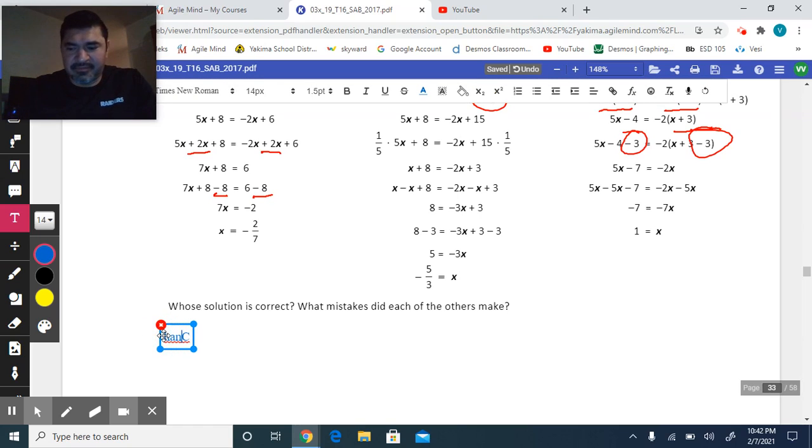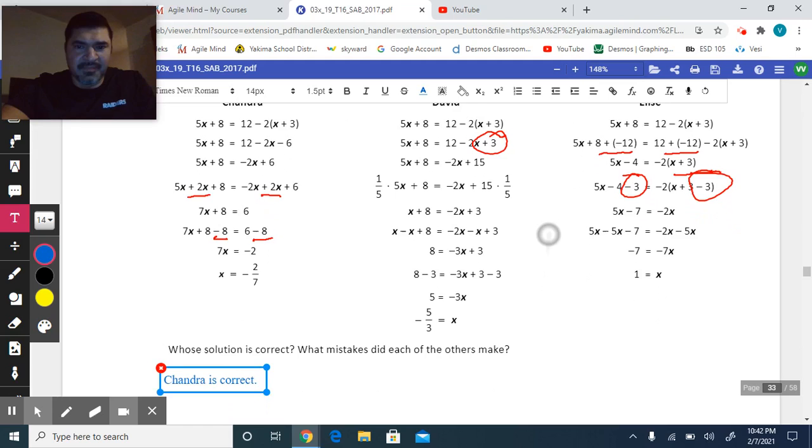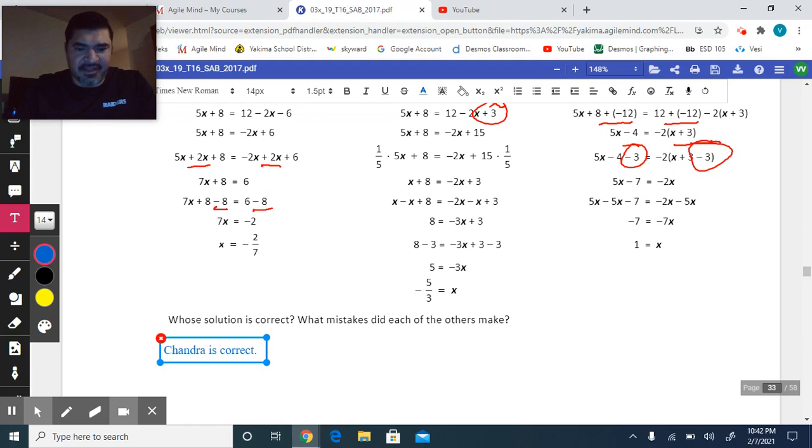Chandra is correct. David did not distribute properly.